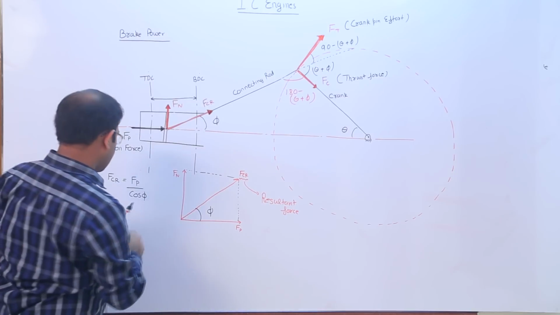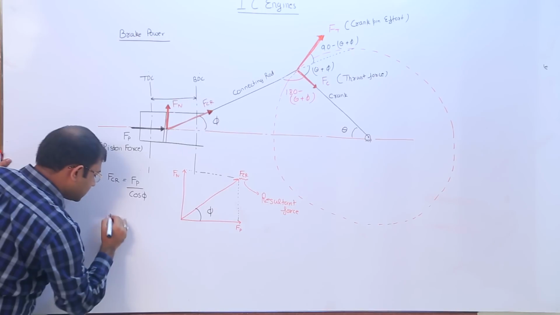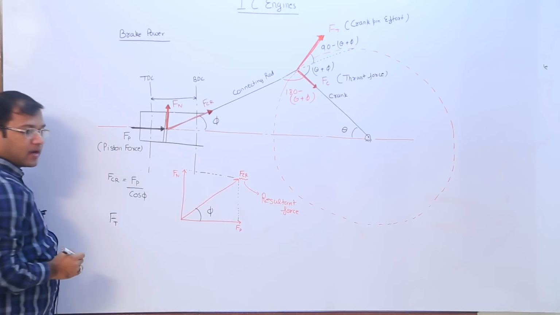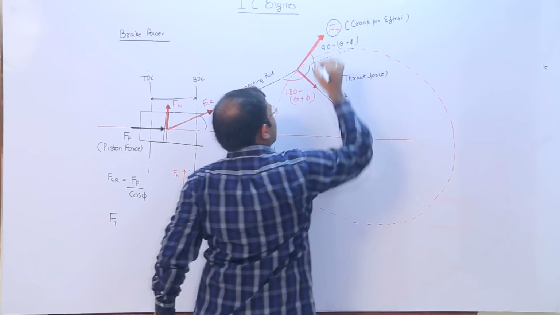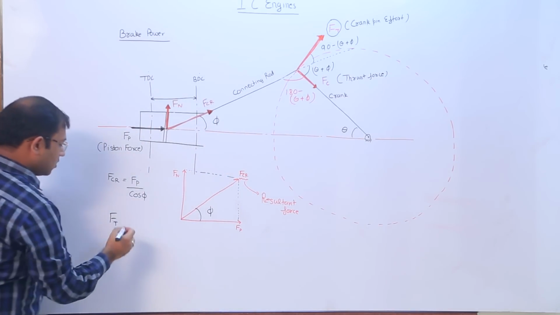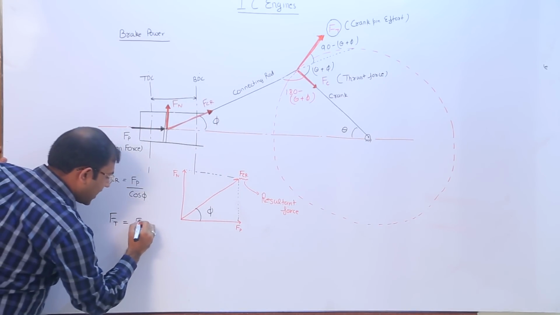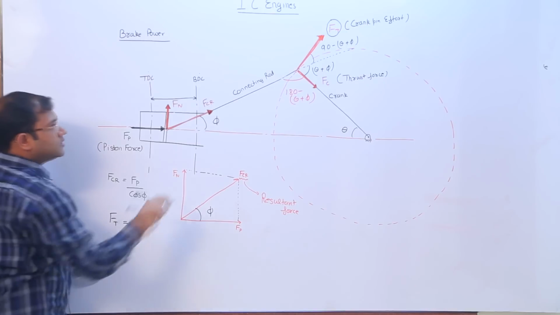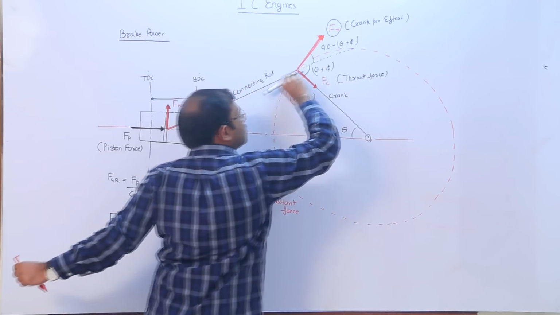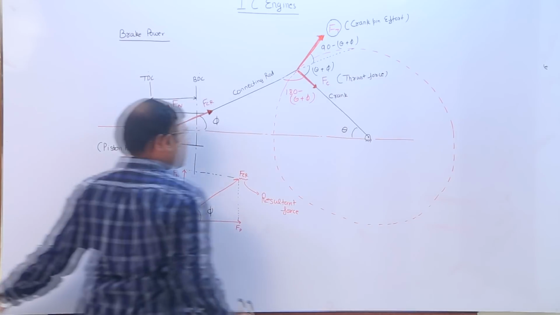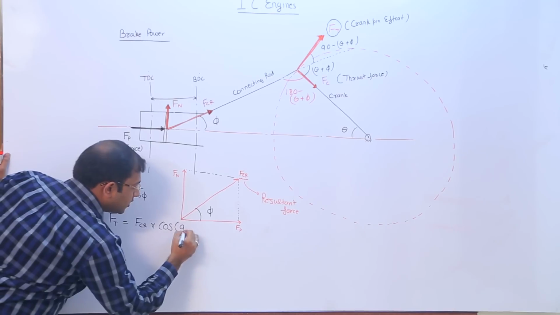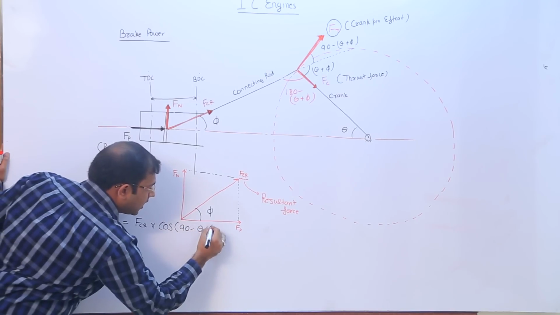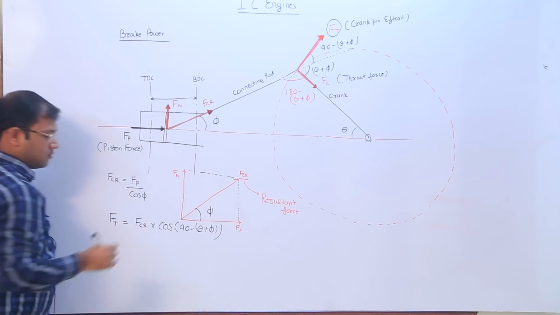So from here we can say that this Ft, crank pin effort, is nothing but your FCR, the force acting in this direction, into cos of 90 minus theta plus phi.